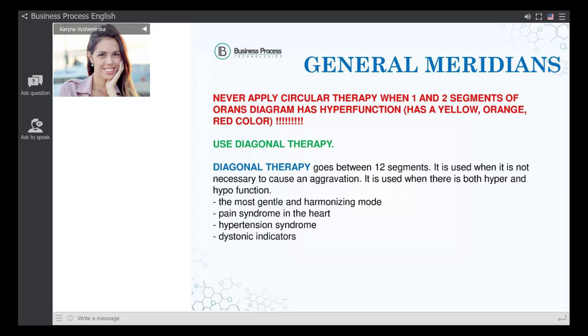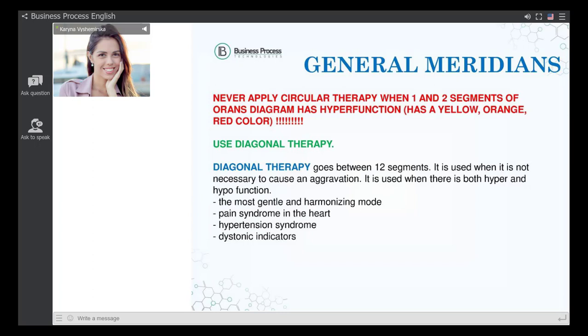The diagonal therapy is used when there is both hypo and hyperfunction. Basically, diagonal therapy is used if you have doubts about some other meridians. You can use diagonal therapy because this is the most gentle harmonizing mode. You can use it if you have pain syndromes in the heart, hypertension syndrome, and dystonic indicators.